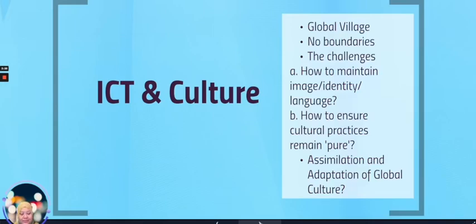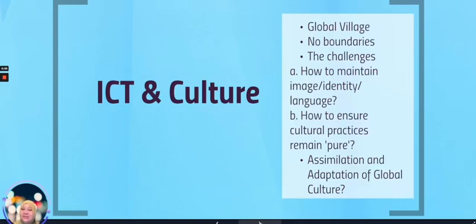The first one: how do you actually maintain your image, your identity, and your language? For example, when you connect with your friend in New Zealand or maybe in Africa, you use English. So where's the identity to say that you are a Malaysian, because you don't use Bahasa Melayu?